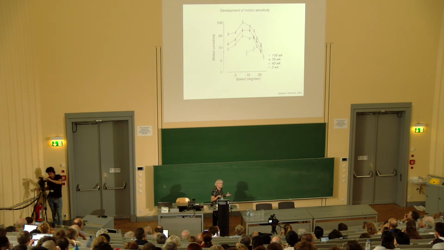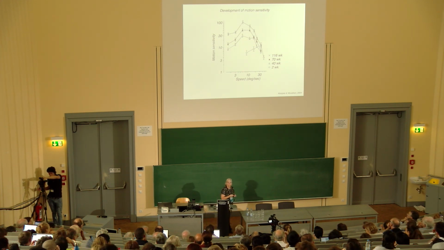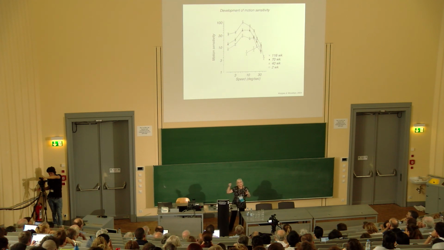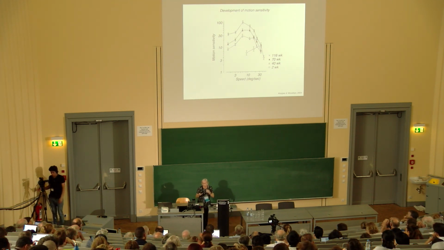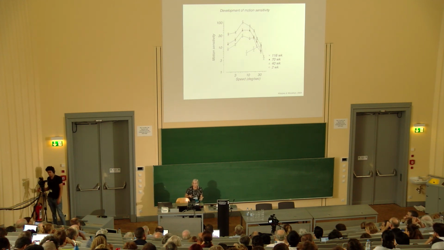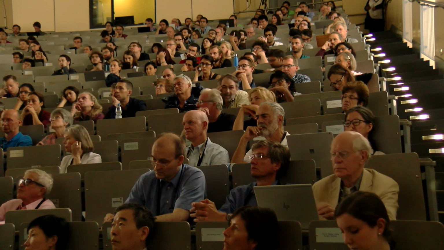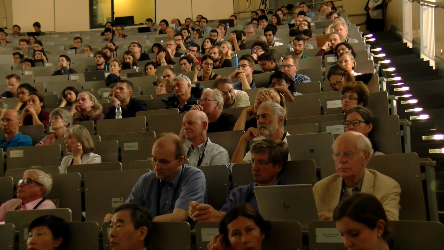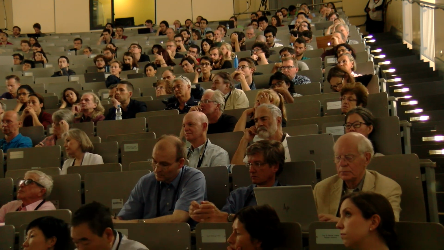So this is basically a speed sensitivity function, and it continues to improve up to about 2 years after birth. So an entire year beyond when acuity and also temporal sensitivity are developing, that asymptotes by 6 months. So this is actually a higher order process, and it's developing over a much longer time scale.